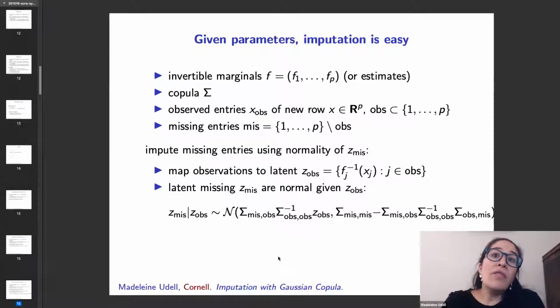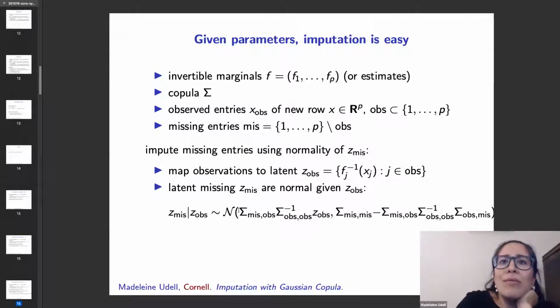And now I use the fact that the missing entries of this latent Gaussian vector are normal conditional on the observed entries. This is standard, marginalization of a Gaussian. Pretty straightforward.